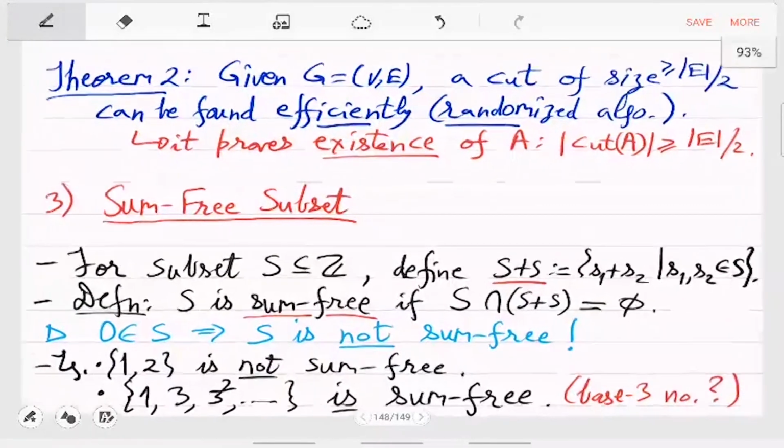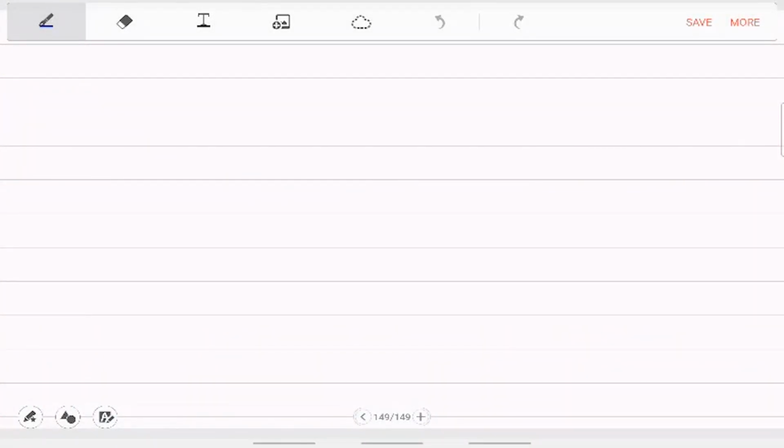Okay. So, what we will show here is the following theorem.